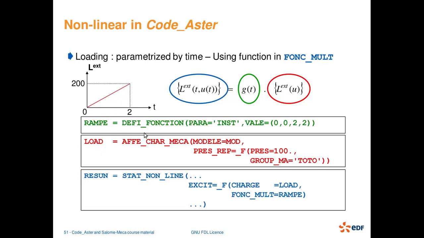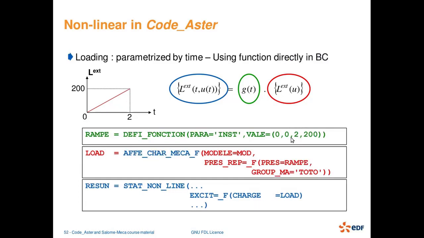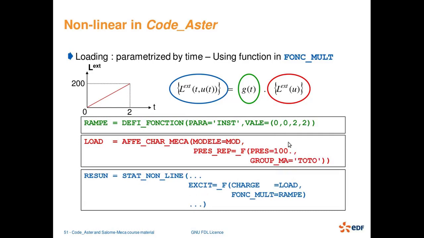So we can define the ramp function by the keyword DEFI_FONCTION. That means define the function where the parameter is time, that is INST for instant, the parameter is instant, and the values are given. Values 0, 0, 2, 2 mean at time 0 the multiplier is 0, at time 2 the multiplier value is 2. And the load given is say 100 at the final time, so that at time 2 it becomes 100 multiplied by 2, which is 200.